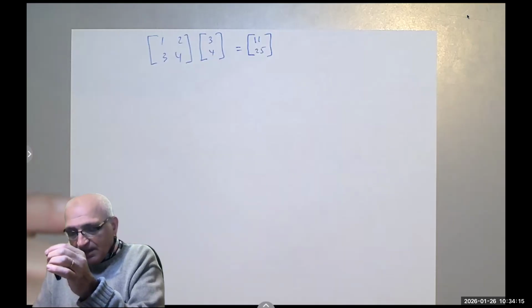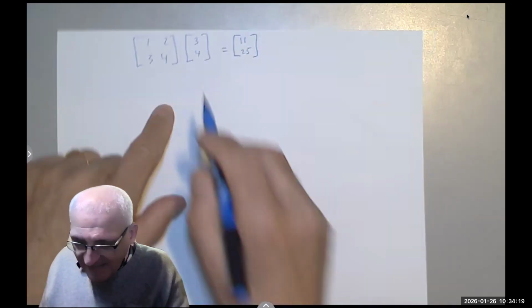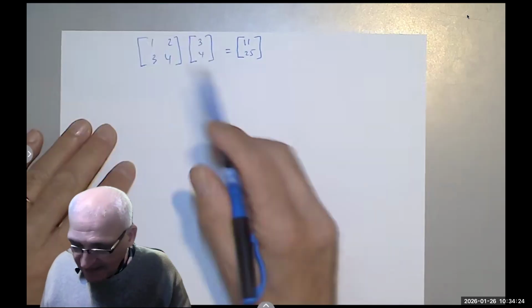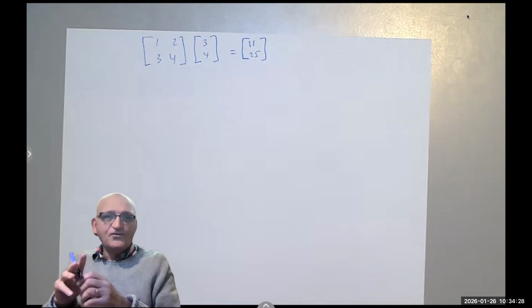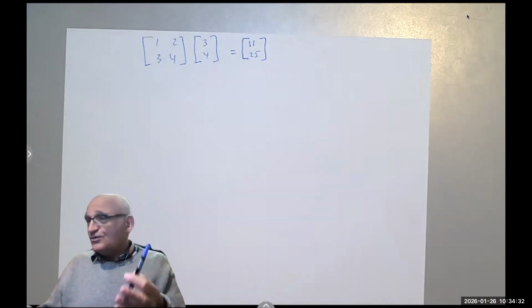Okay? Not only that, for example, suppose I have another matrix that if I multiply by 3 and 4, I get a multiple of 3 and 4. I may get, say, -6 and -8. I may get 30 and 40.